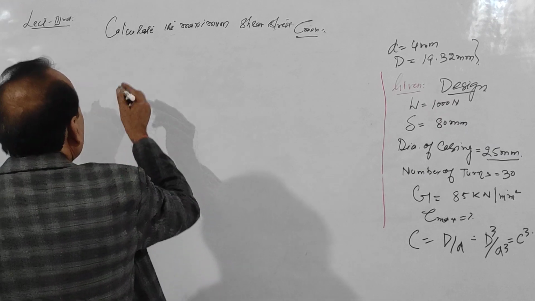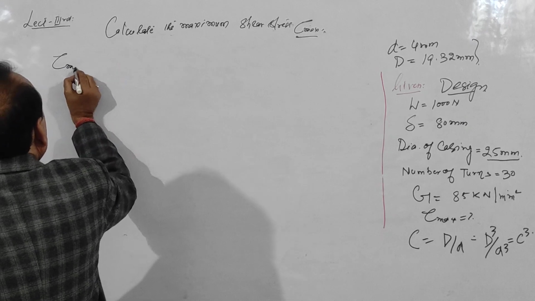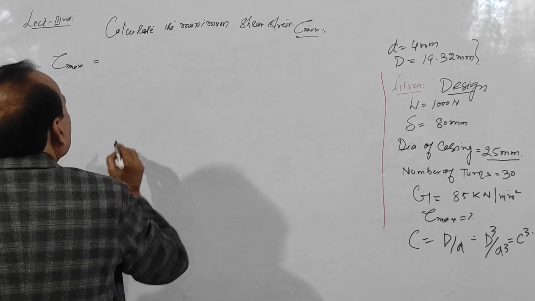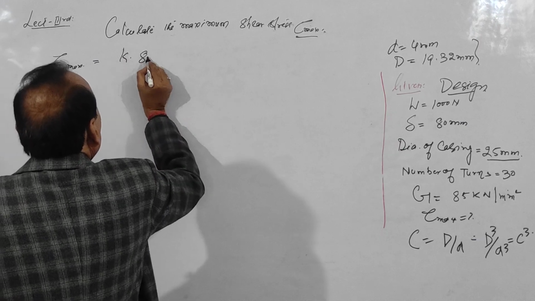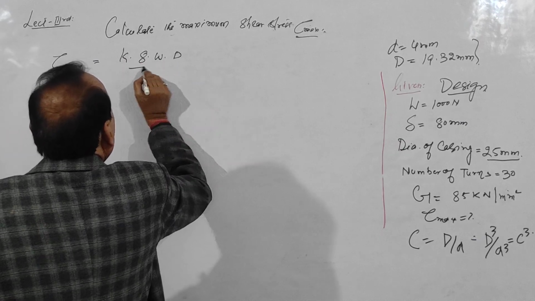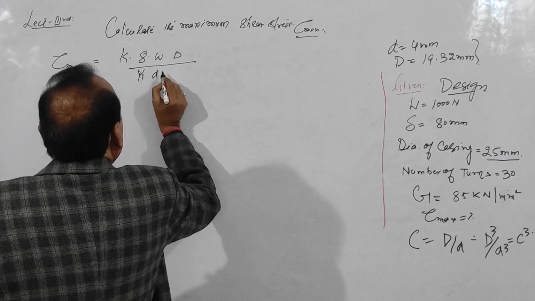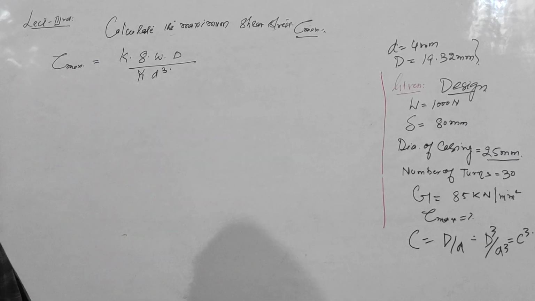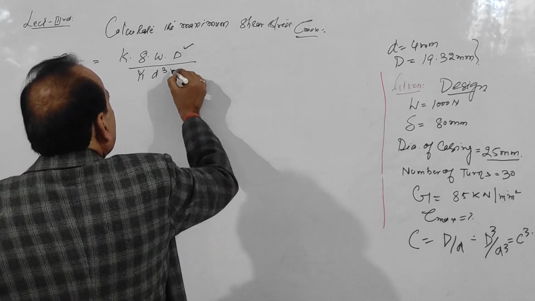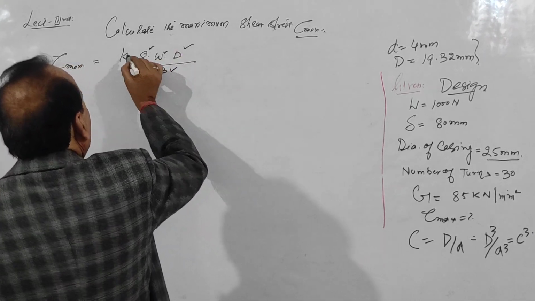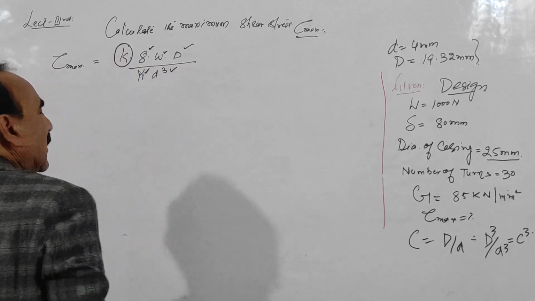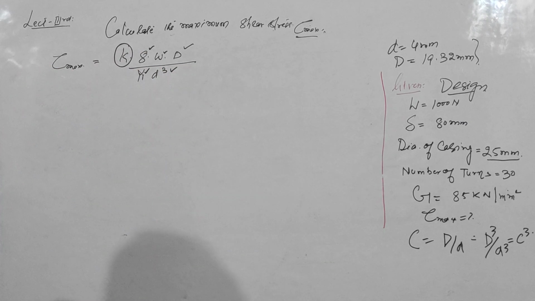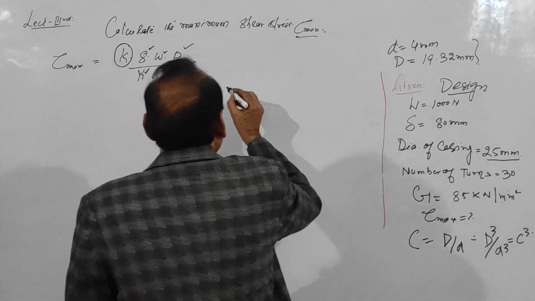तो पहले आप लिखिए इसका फार्मूला. Shear stress, this is equal to K into 8 W D upon pi d cube, right? So all the parameters we are having, only we have to calculate the Wahl stress factor. और Wahl stress factor कहां से calculate करेंगे?